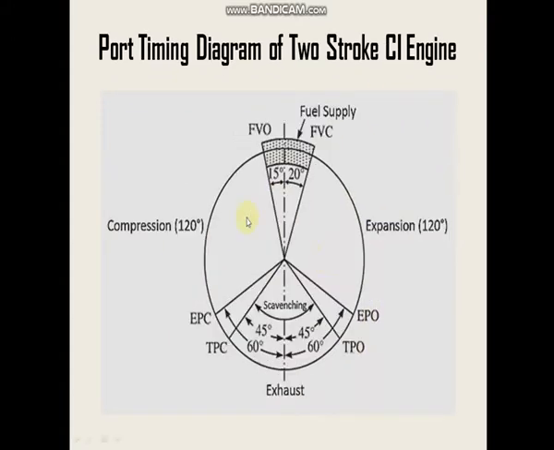Now coming to the port timing diagram of the two-stroke CI engine, the same things will happen. That is, in the case of the two-stroke CI engine, again the suction, compression, power and exhaust, these four processes will be done within one complete revolution of the crankshaft, or you can say the 360 degree rotation of the crankshaft, and the two strokes, that is the piston moving from top dead center to bottom dead center, and bottom dead center to top dead center.